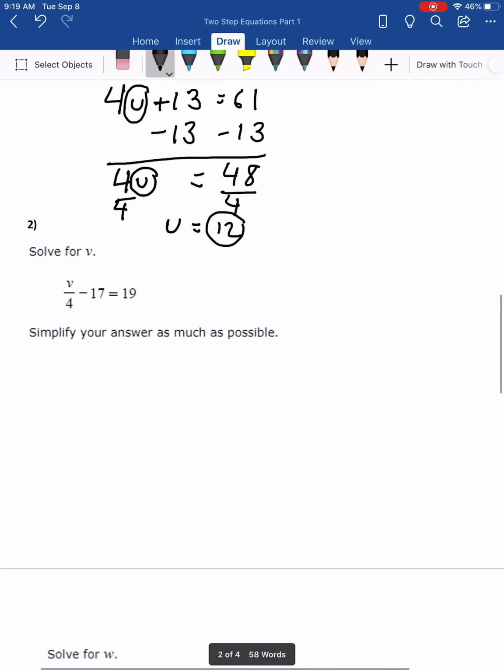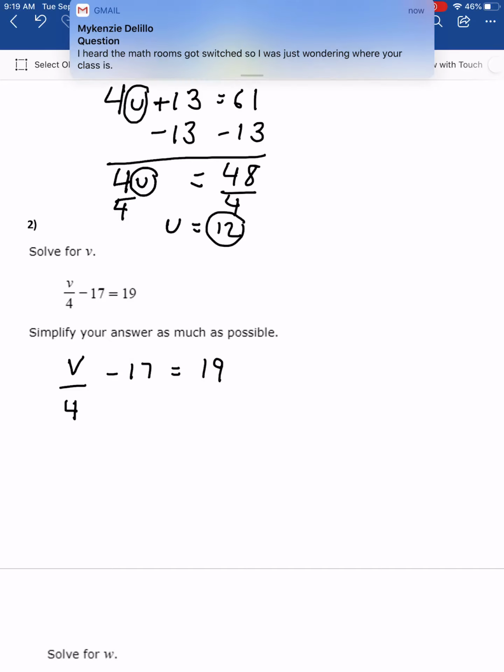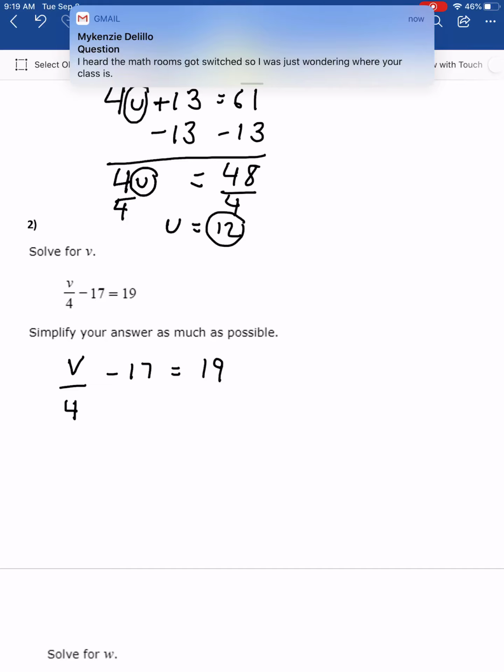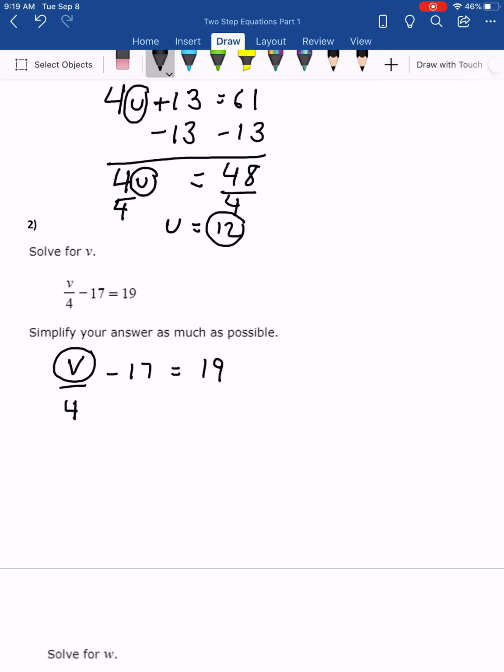All right, number 2, we have v divided by 4 minus 17 equals 19. So the variable we need to isolate here is v.